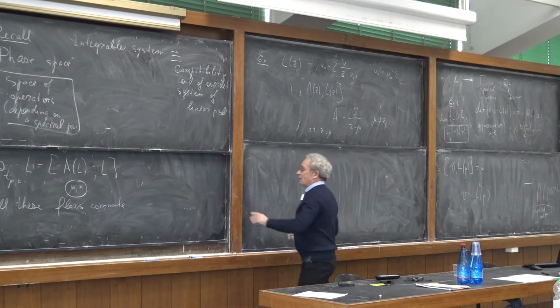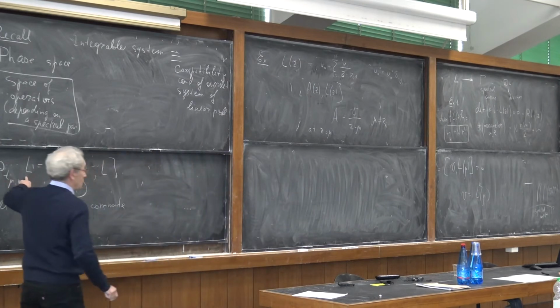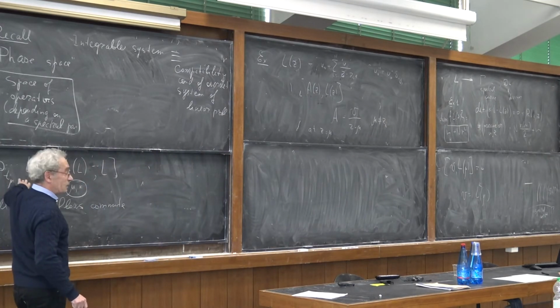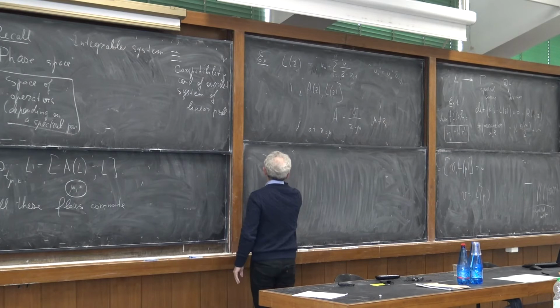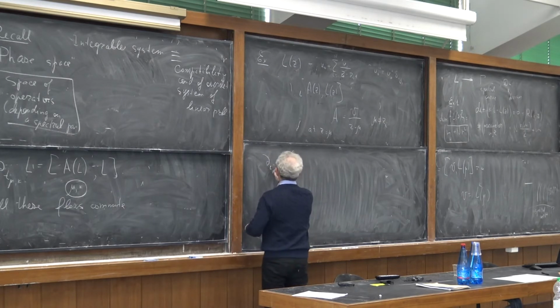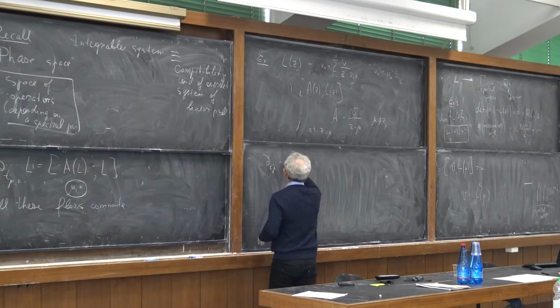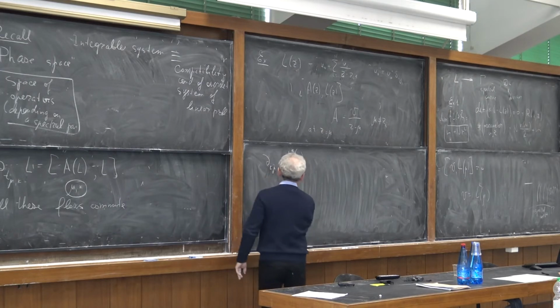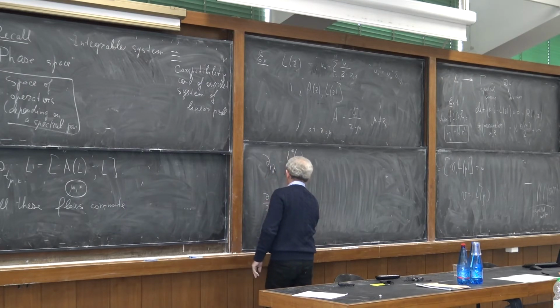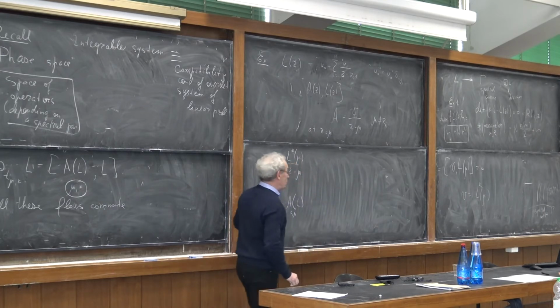Okay, so what does it mean that two vector fields defined by this equation commute? That means that this is d over dt k mu minus L to the power k mu z minus mu, this is d over dt k mu minus A of L with indices k and mu.